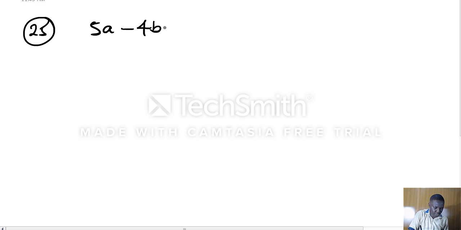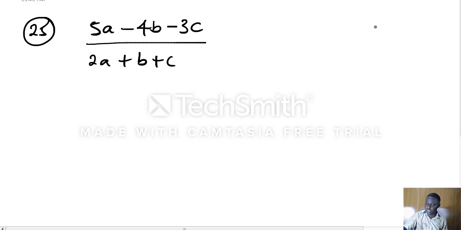Last question on that exercise is question 25, which says 5a minus 4b minus 3c divided by 2a plus b plus c, where a is 2, b is minus 3, c is 4.